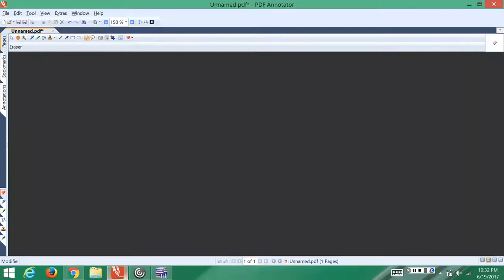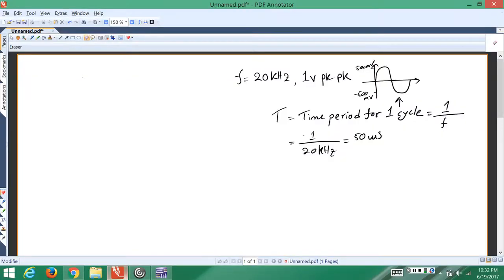So one thing I wanted to show at first is this is the AC source signal that we have right now, and based on that frequency, we know that one cycle of this waveform will be 50 microseconds, right?